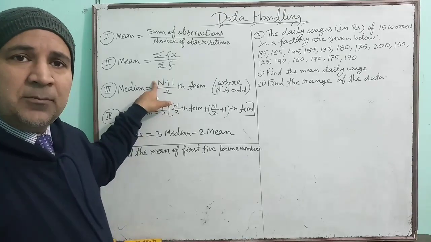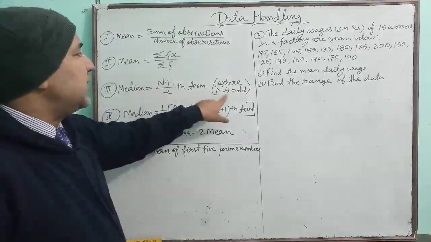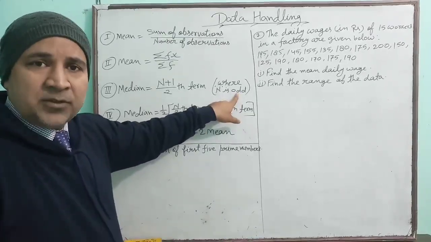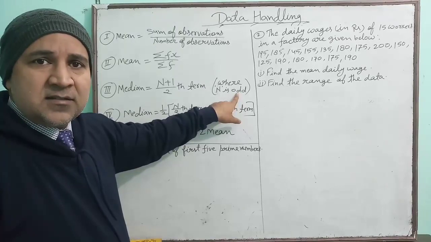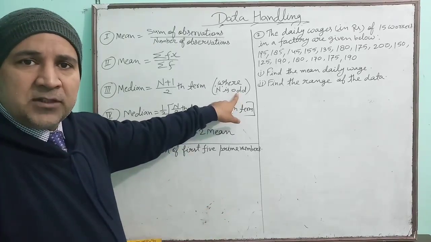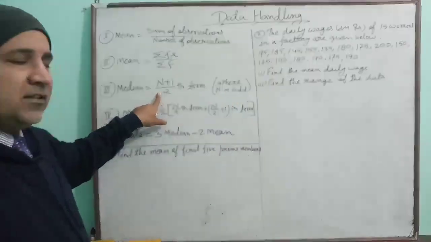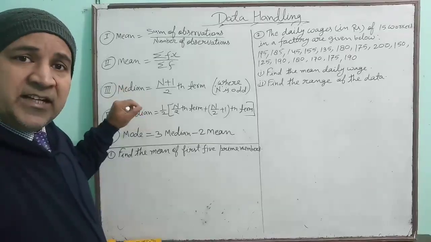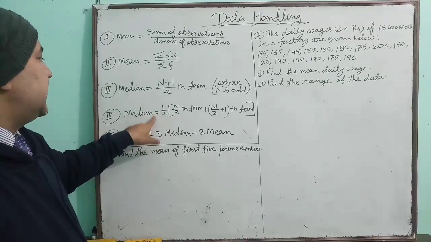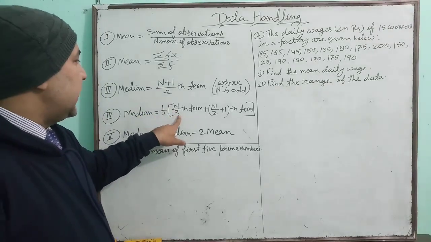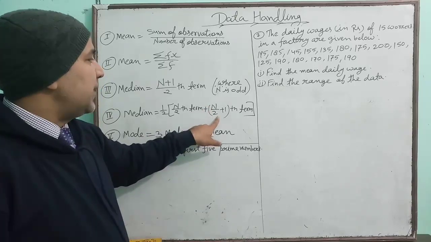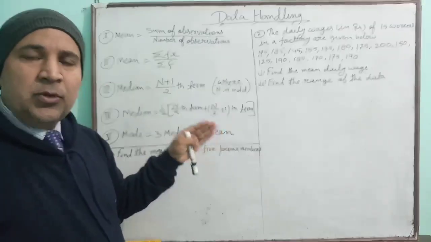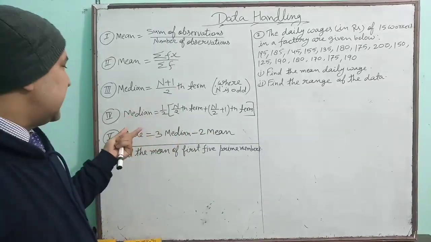If n is odd, that means there are 3 observations or 5 observations or 7 observations, then we will apply this formula to find the median. If the number of observations is even, then the formula for median is 1 by 2 into (n by 2)th term plus (n by 2 plus 1)th term. How we will apply that I will show you with examples. But first see the formula.